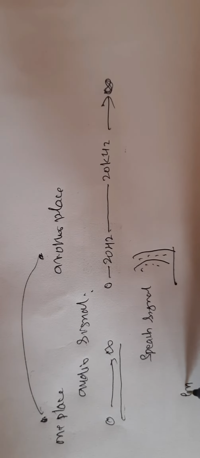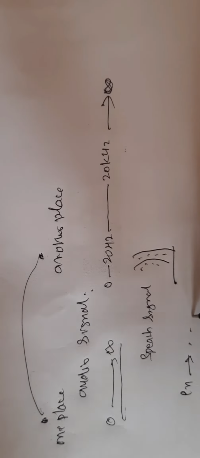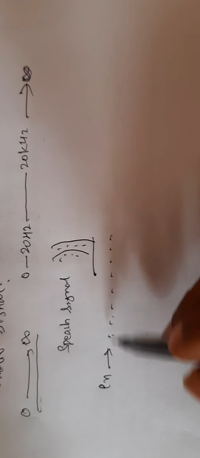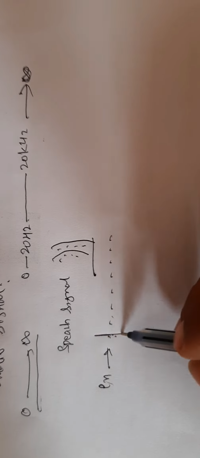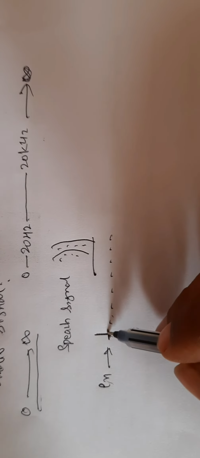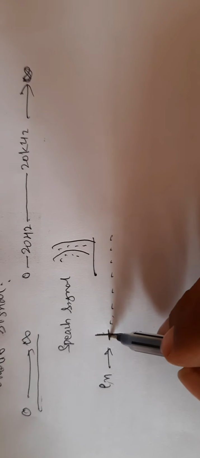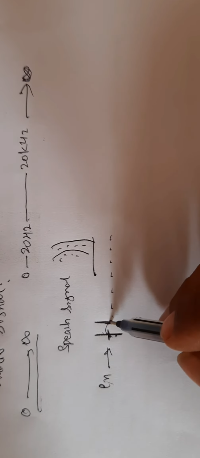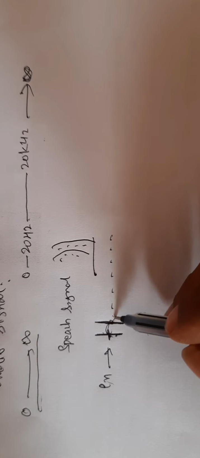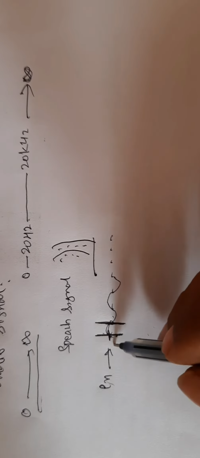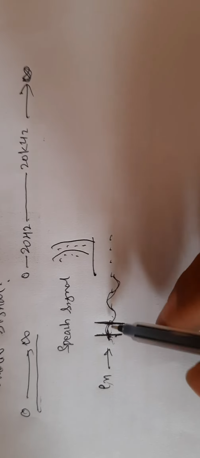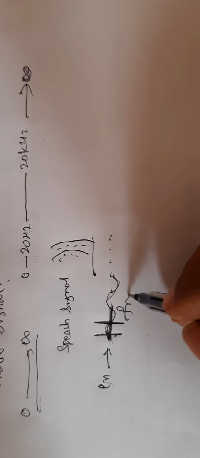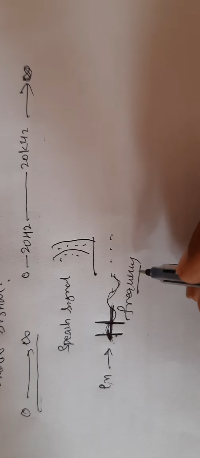These air particles acquire the energy and begin to vibrate about their position, and this energy is transferred to the next particle, which begins to vibrate about its position. In this way, the energy is transferred from one particle to another in the form of a wave. This number of waves in 1 second is called frequency.